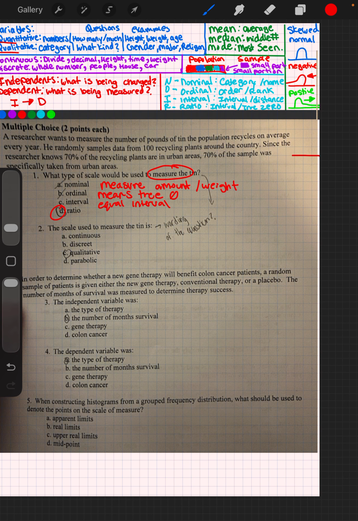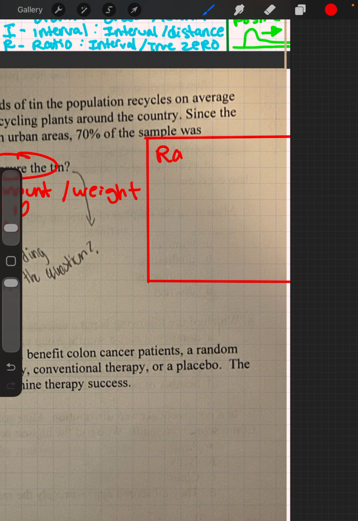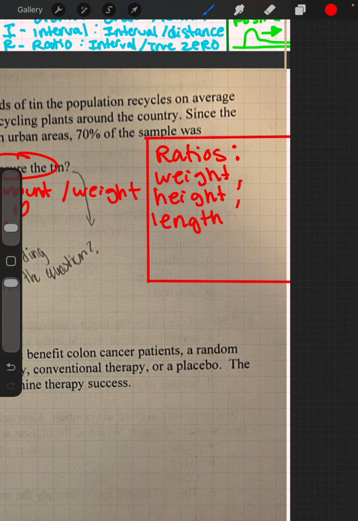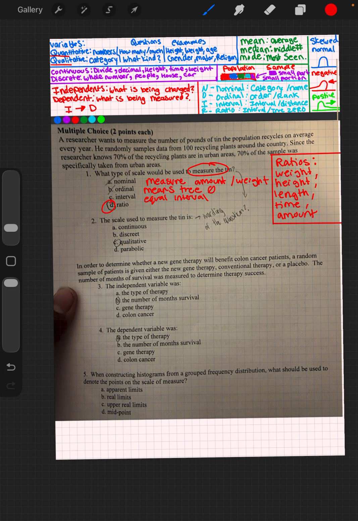But I'm going to just put that it can be weight, height, length, time, or amount. These are normally examples.